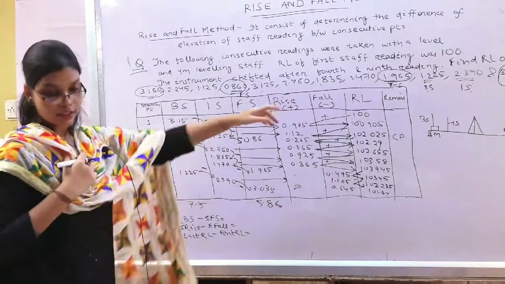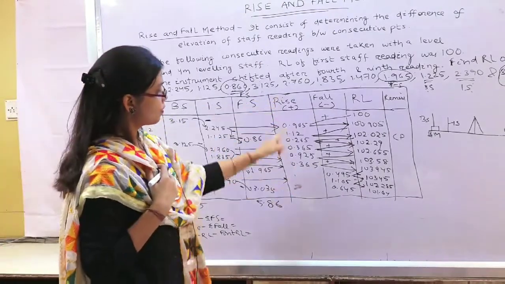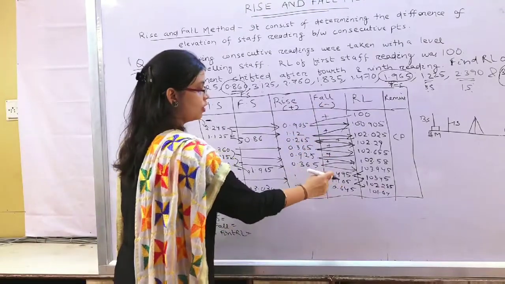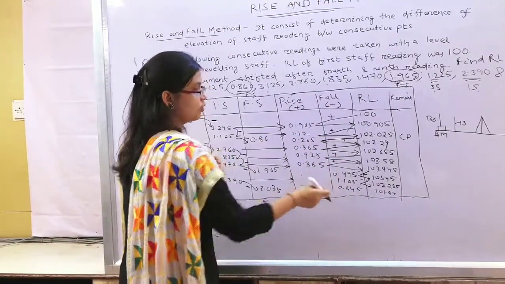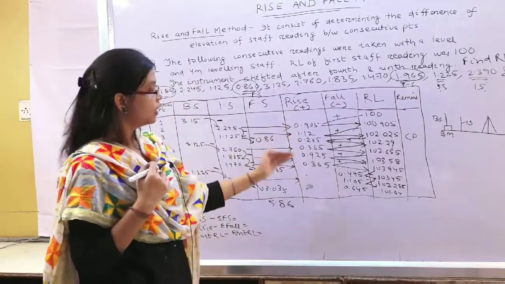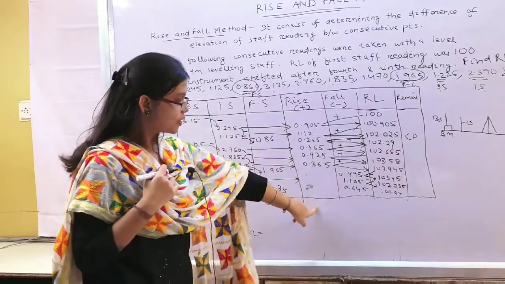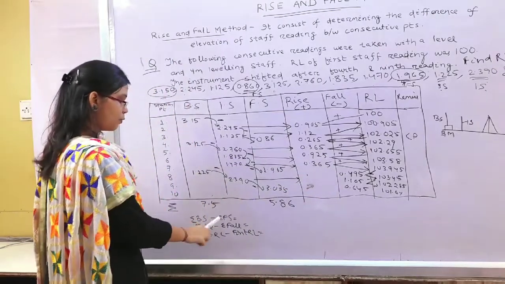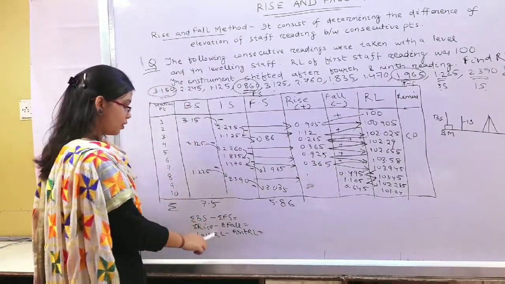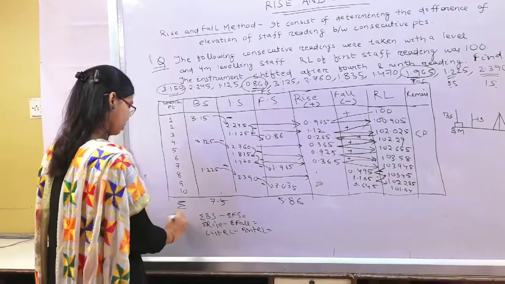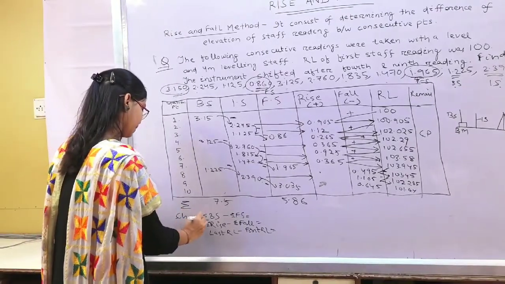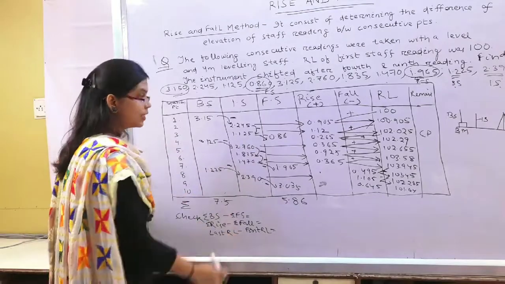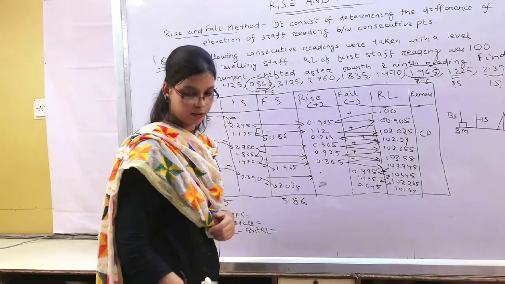Similarly, we calculate the summation of all the rise values and the summation of all the fall values, and we put these values in the check. If all are similar, then our problem is correct.